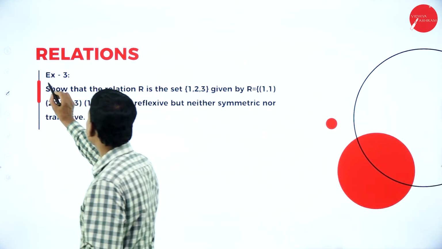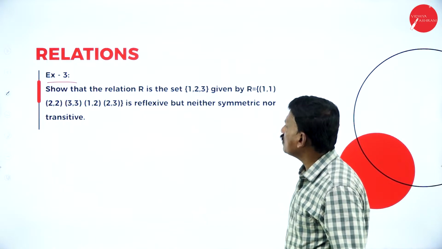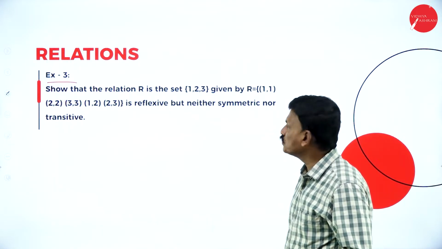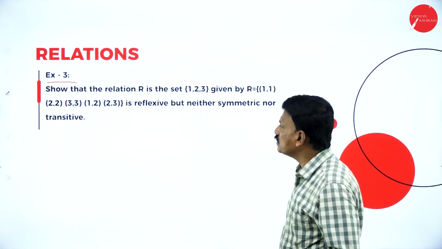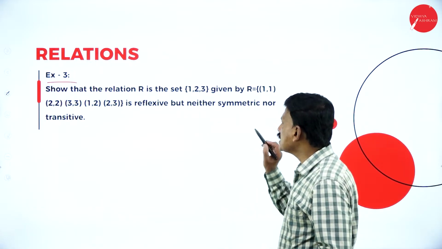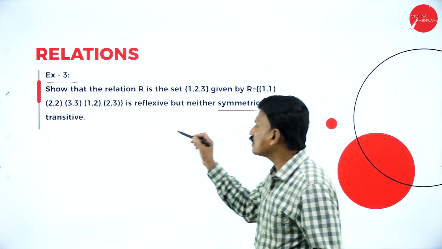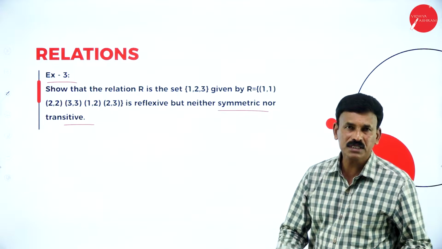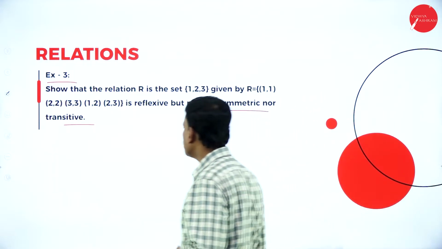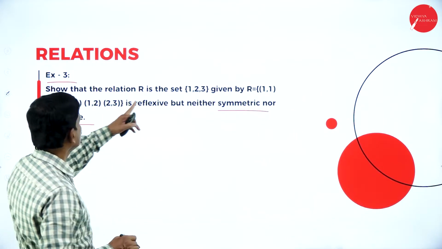Example number 3. Show that the relation R in the set {1, 2, 3}, given by R = {(1,1), (2,2), (3,3), (1,2), (2,3)}, is reflexive but neither symmetric nor transitive. Now, what is given here? What is to be verified?